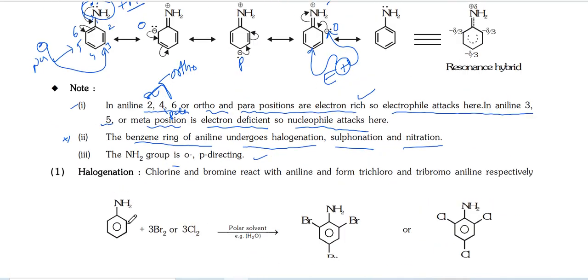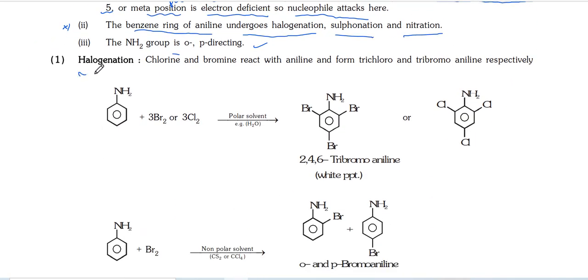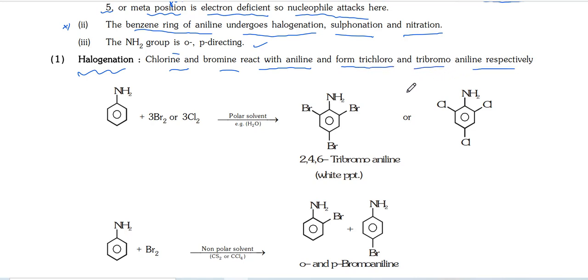First reaction, halogenation. In halogenation, chlorine and bromine react with aniline and form trichloro and tribromo aniline respectively. See here, it is giving a white precipitate. So this is also known as a functional group test. For confirmation of the compound, to confirm aniline, we do the bromine test.